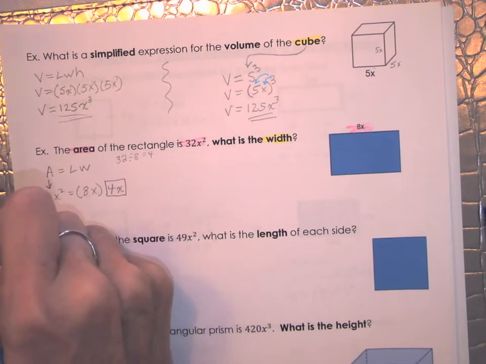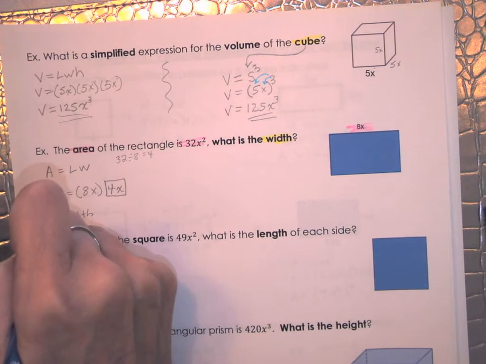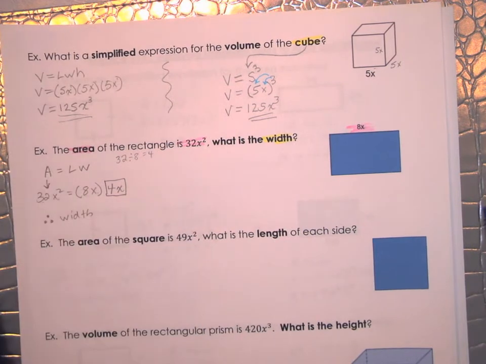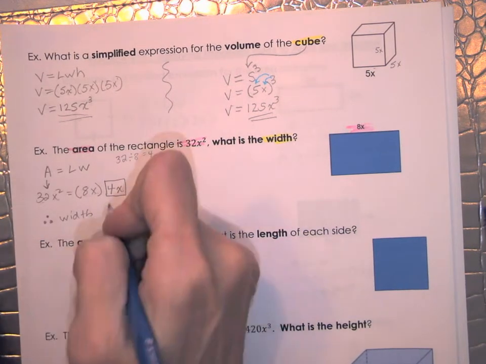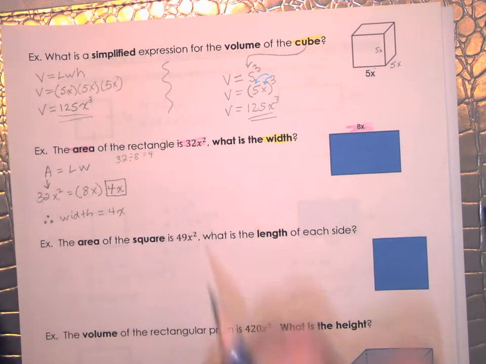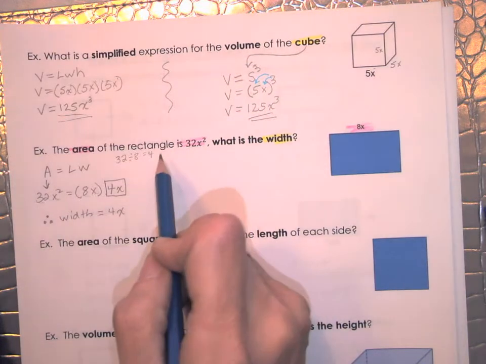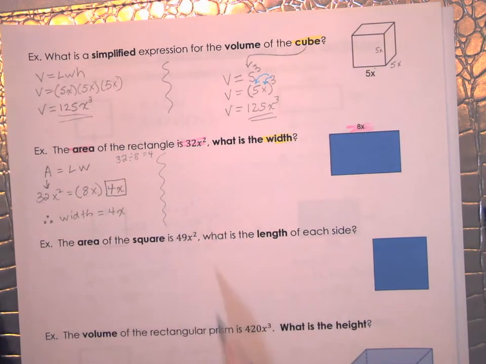So then you write therefore the width. So the 3 little dots here mean therefore, instead of writing out the word therefore. Width equals 4x. So there's one way to do it. So that's maybe using like a logic approach.